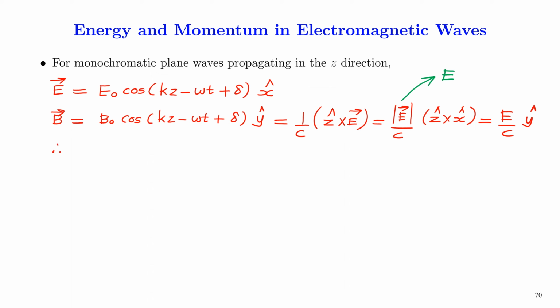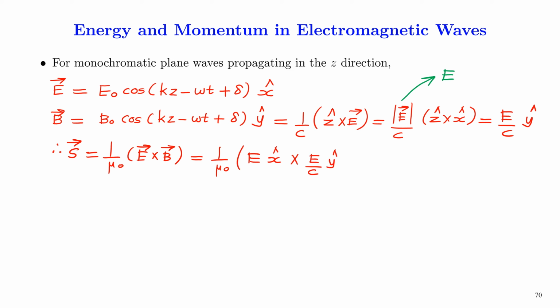Therefore, the Poynting vector is 1 over mu 0 E cross B, which is equal to 1 over mu 0 then E x hat cross E over c y hat, and this is equal to E square over mu 0 c then z hat.